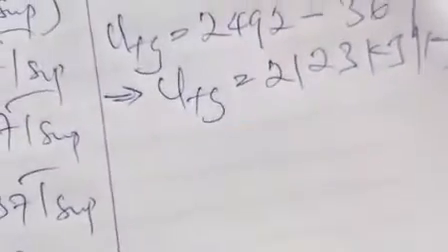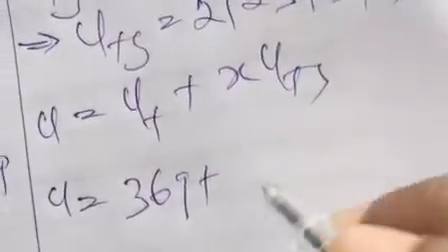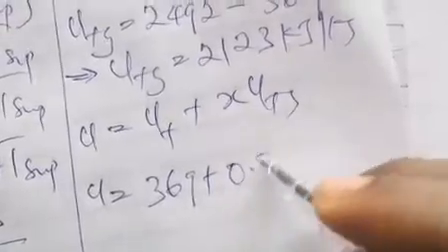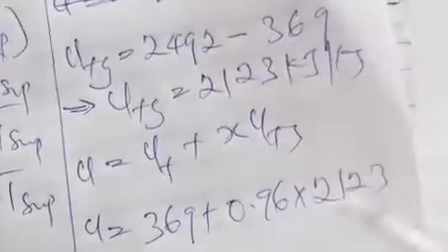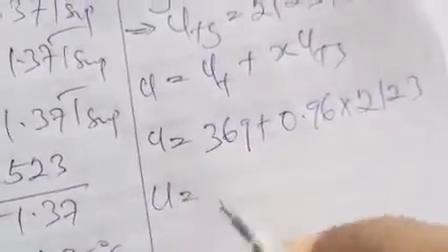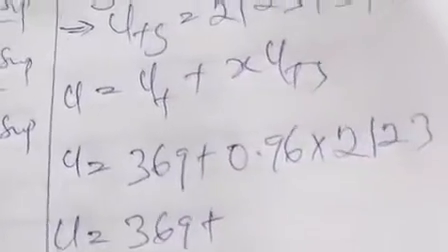So then again, U is equal to UF plus X UFG. Specific internal energy is UF, which is 369, plus X, the dryness fraction, which we obtained to be 0.96, multiplying UFG, which gave us 2123. So specific internal energy is 369 plus 0.96 times 2123.